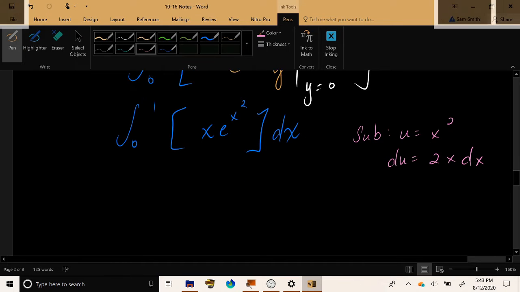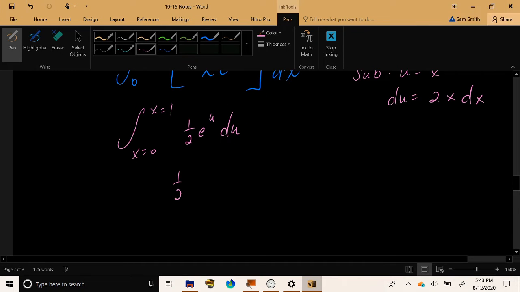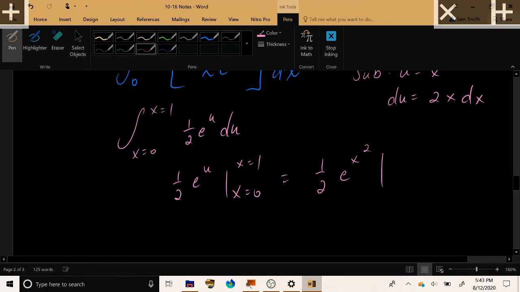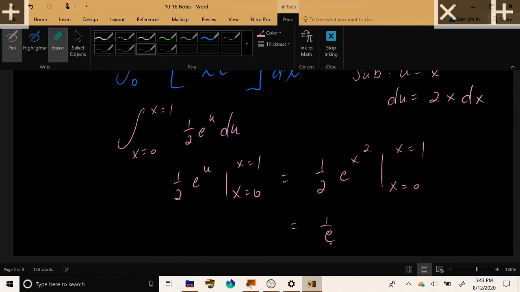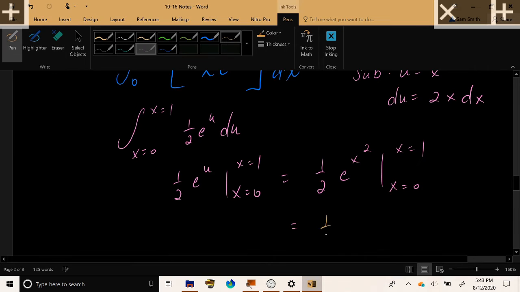And so we can integrate from x equals 0 to x equals 1 of 1/2 e to the u du, which is 1/2 e to the u, evaluated as x goes from 0 to 1, which is 1/2 e to the x squared, evaluated as x goes from 0 to 1, which is equal to 1/2 e minus 1/2 e to the first power, which is equal to 1.